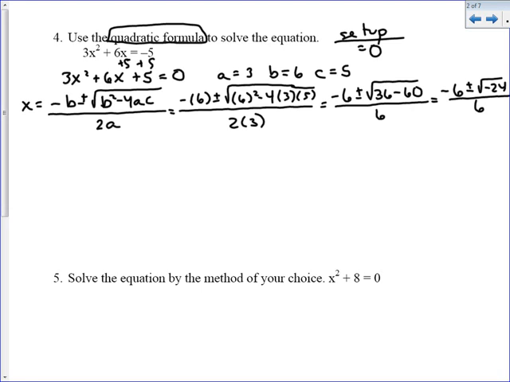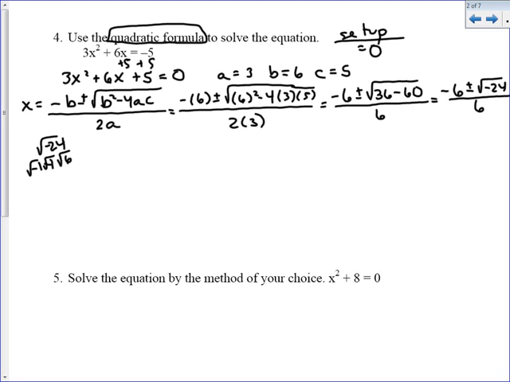So now that we have our answer simplified, what's the first thing we simplify in the 3-term fraction? The square root. Always the square root first. So the first thing I need to deal with is the square root of negative 24. How can I break that up? Square root of negative 1. And what about the 24? 4 and 6.